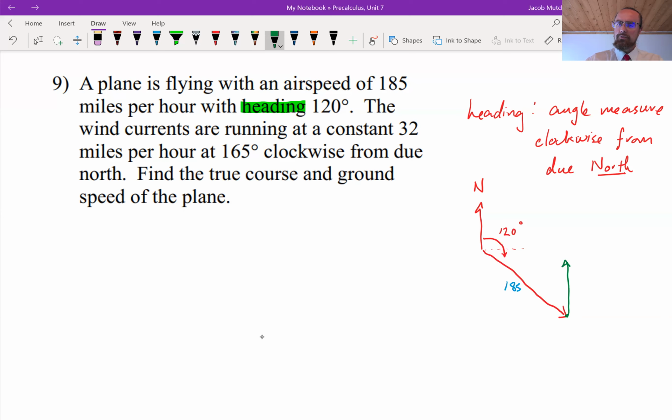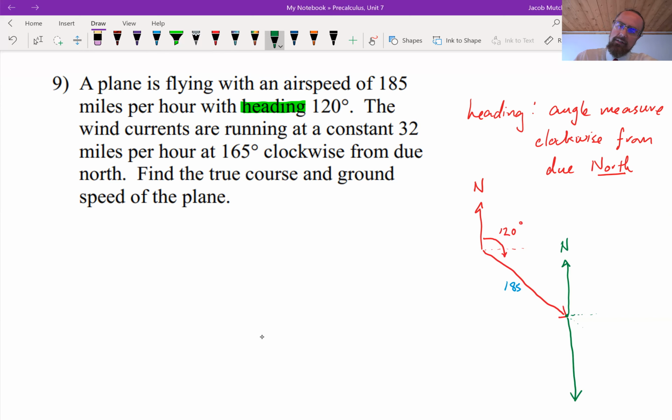And this green vector is going to represent the direction and strength, or magnitude, of the wind. It's got a direction of 165 degrees clockwise. You can imagine that 90 degrees would be there, 120 would be there because that would match what we had originally. So 165 is going to be roughly there.